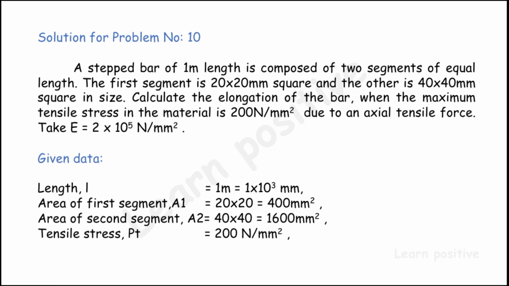The tensile stress is 200 Newton per mm square. Young's modulus E equal to 2 into 10 to the power of 5 Newton per mm square. The total length is divided into two halves, 0.5 meter for the first segment and 0.5 meter for the second segment.